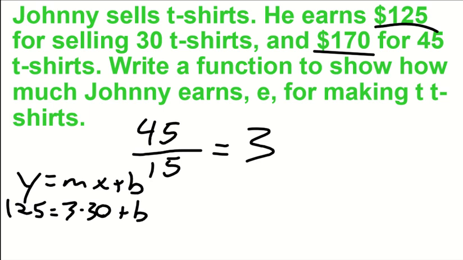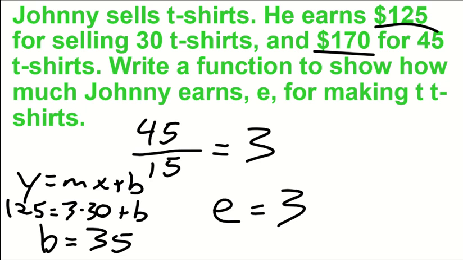When we subtract that from 125, that means b will be 35. So in the case of this equation, it's E equals 3t plus 35.